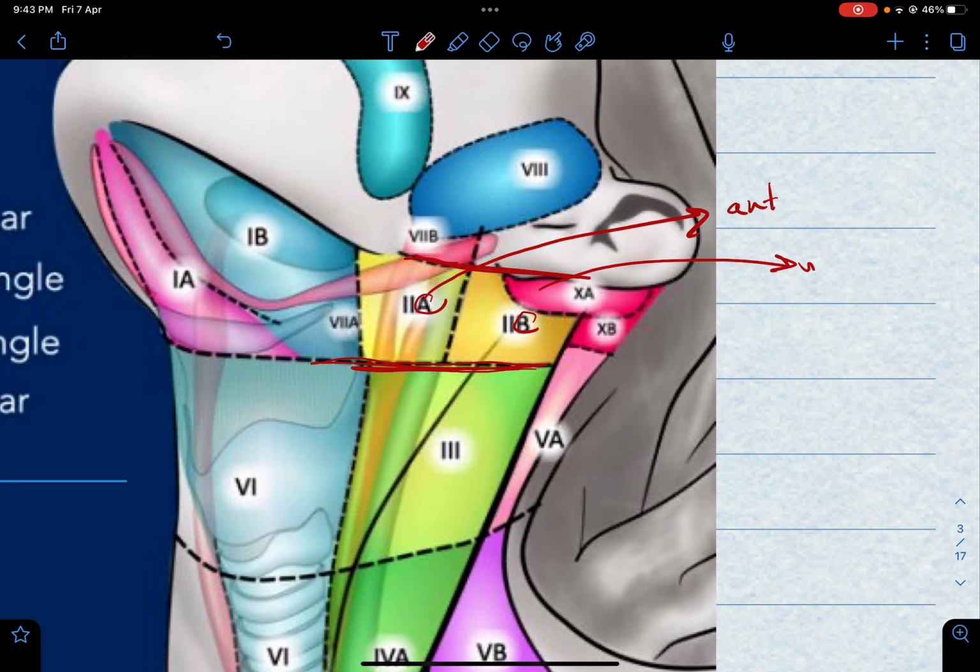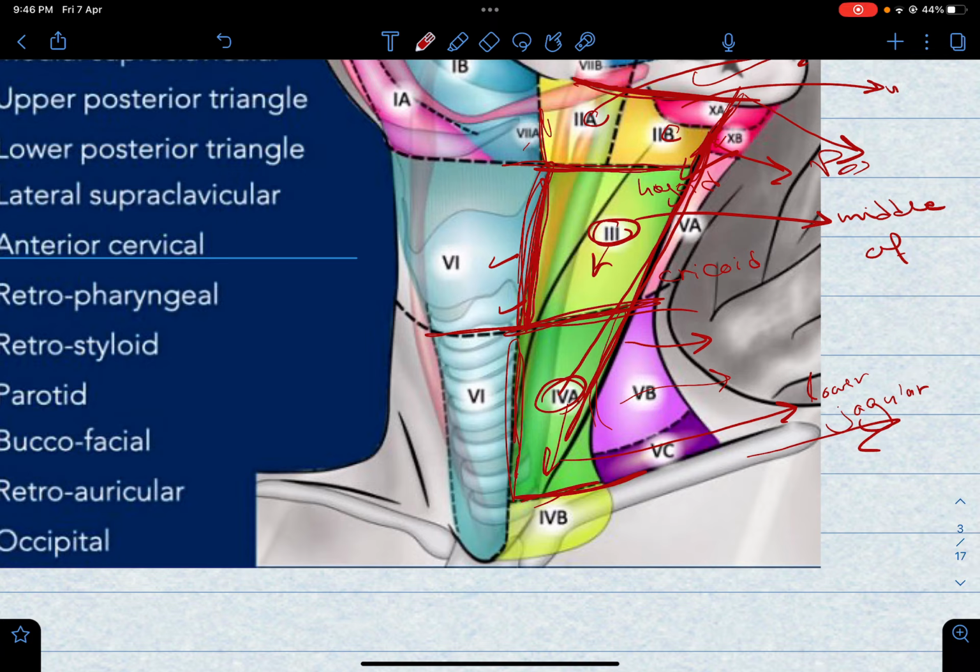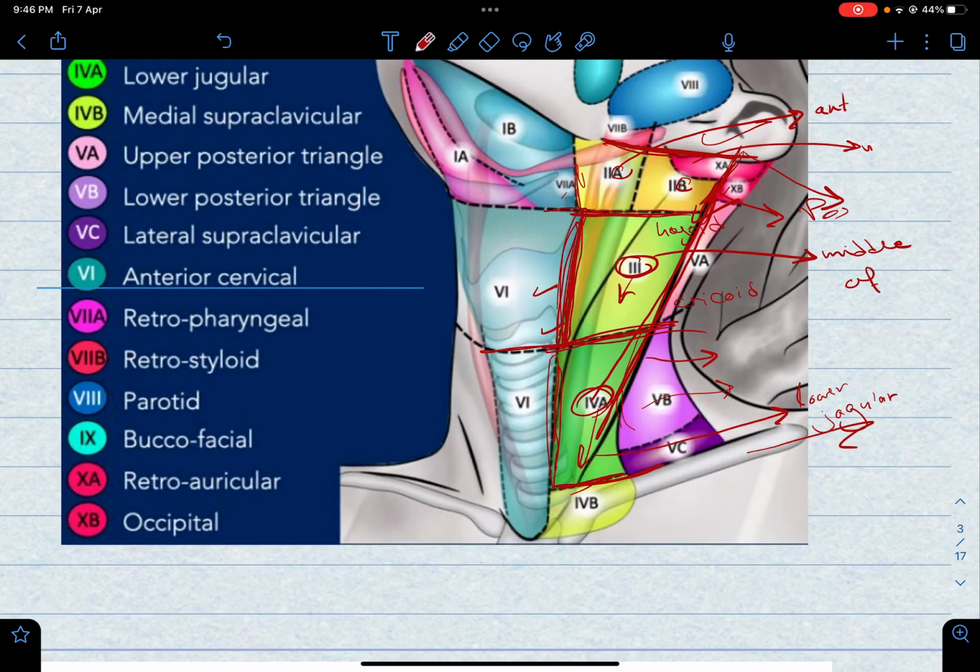Just like the superior going to be the cricoid cartilage, inferior going to be the clavicle, and posterior, I think, is going to be the posterior border of the sternocleidomastoid, and anterior going to be the trachea. Yeah, that's it. This is number 4.